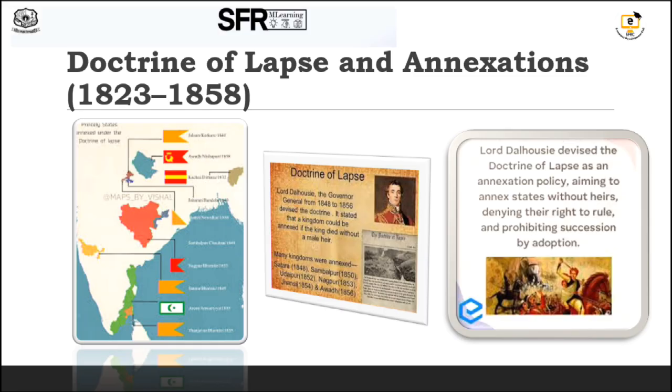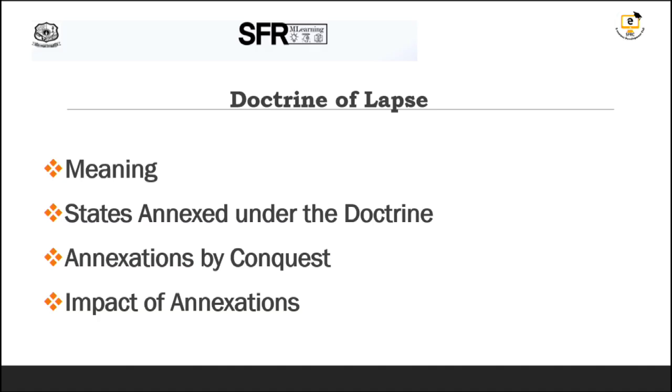Apart from the doctrine of lapse, the British annexed several territories through wars, including Sindh, Punjab and Mysore. These annexations caused widespread resentment, displaced traditional rulers and became a major factor leading to the revolt of 1857.